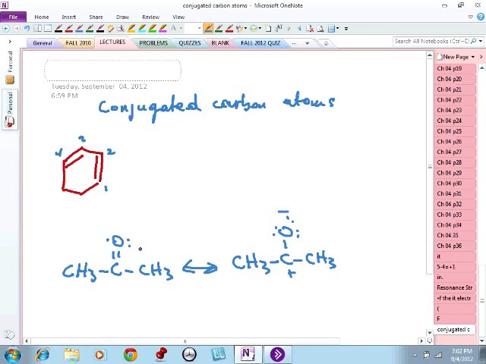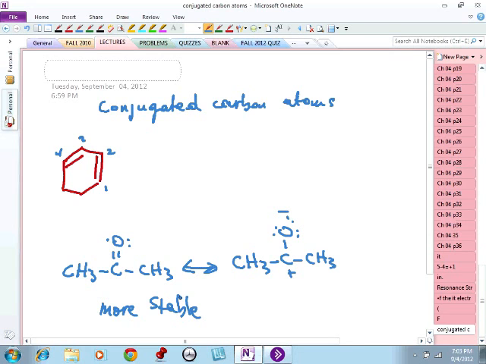However, just because they are resonance structures does not mean they have the same energy. In nature, of the two resonance structures, this one is the most stable. How do you know that? Anytime you have resonance structures, the one that is neutral, with no negative or positive charge, is more stable than the one that has charges.